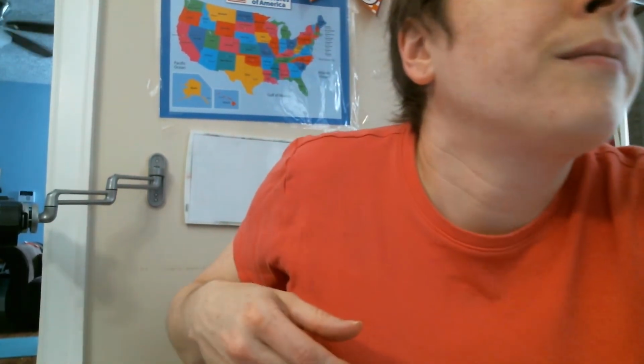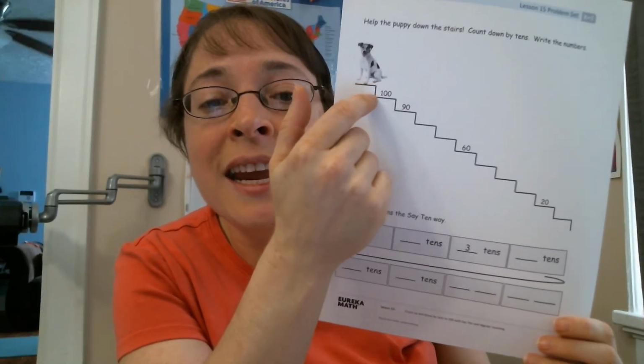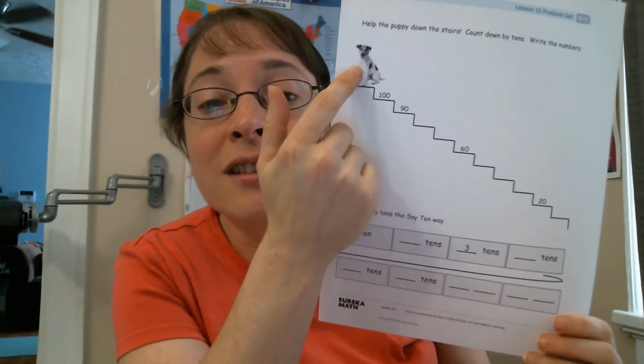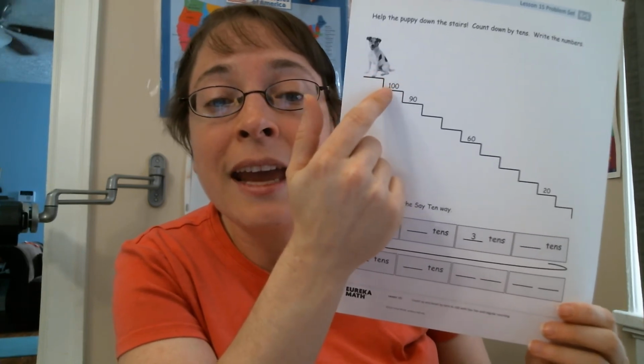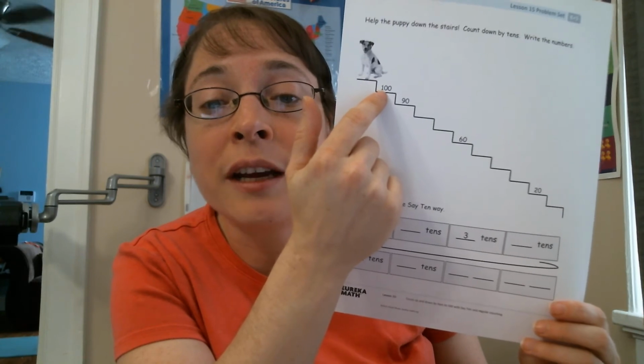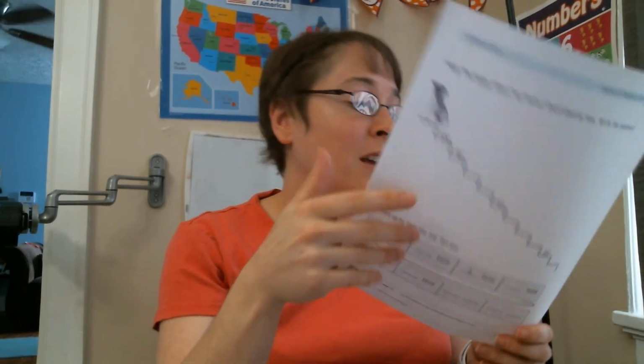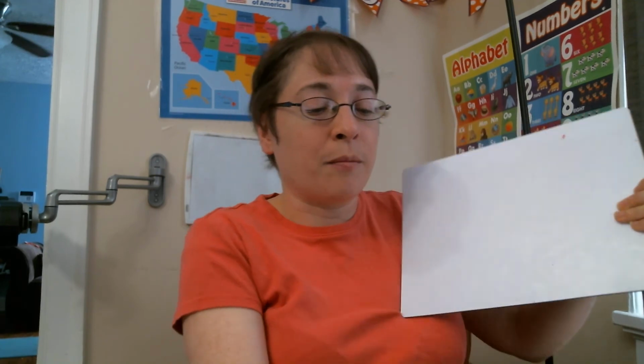And then for your practice set, I have this sheet here. For your practice set, you can draw these stairs, and there's a dog at the top, and then write the numbers from 100 all the way backwards to 10. So I'll write them on the board so that you can see the numbers.